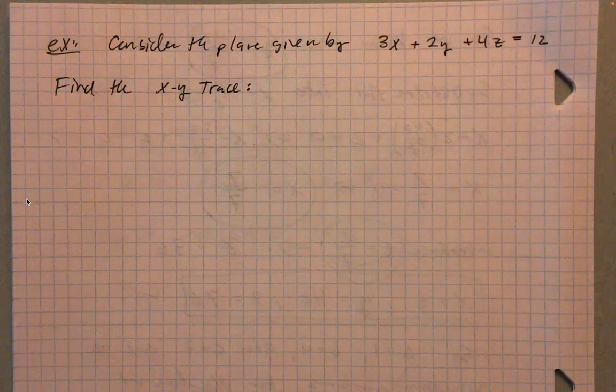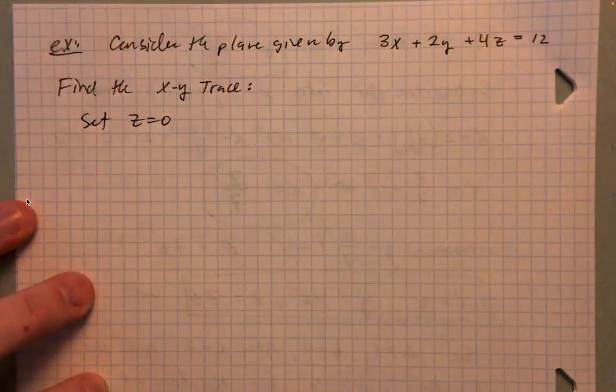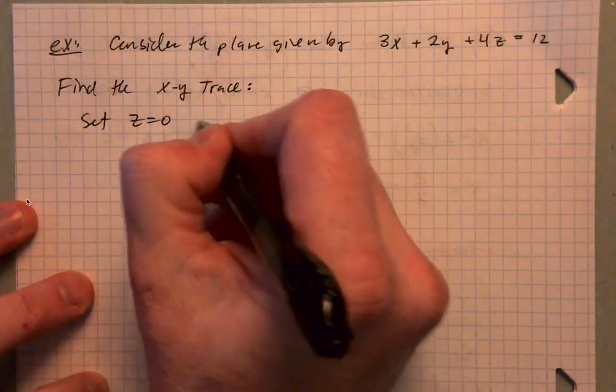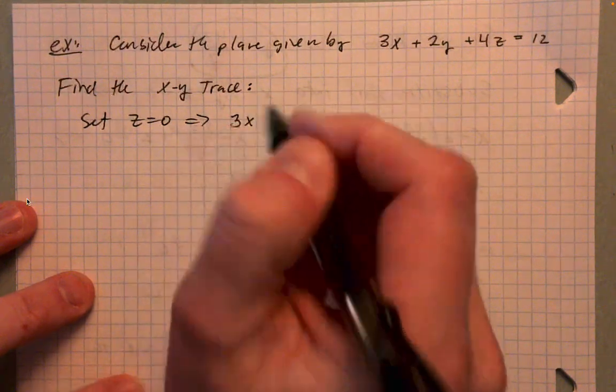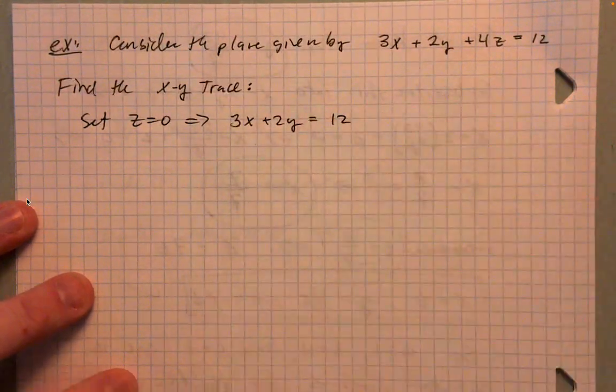So basically you're taking the plane and dropping it down on the z-axis, and what you find is what's left over is the line that intersects the xy plane. Okay, so set z equal to 0. And so what do you get? You get 3x plus 2y equals 12.